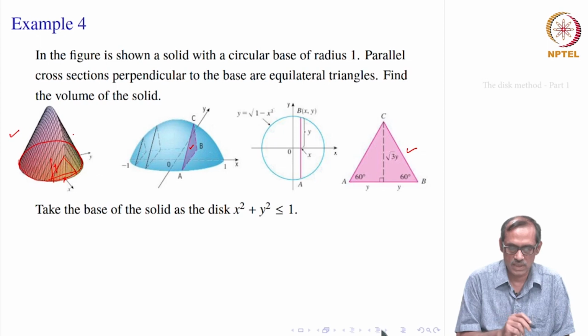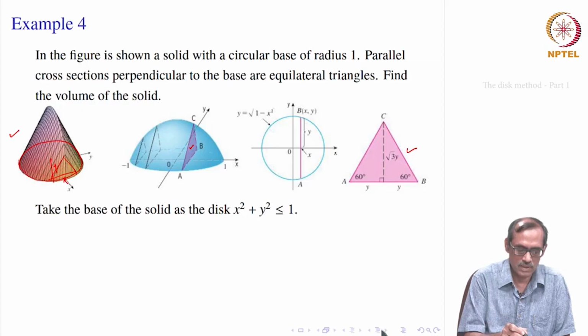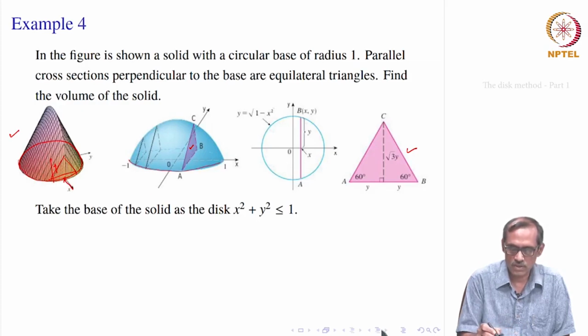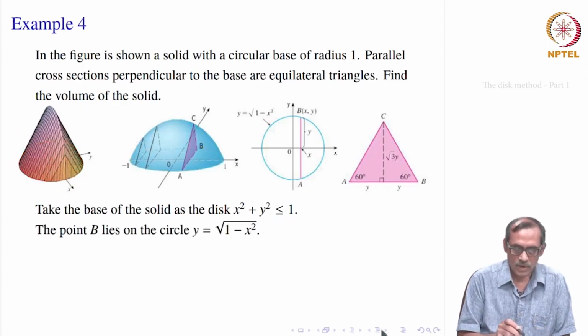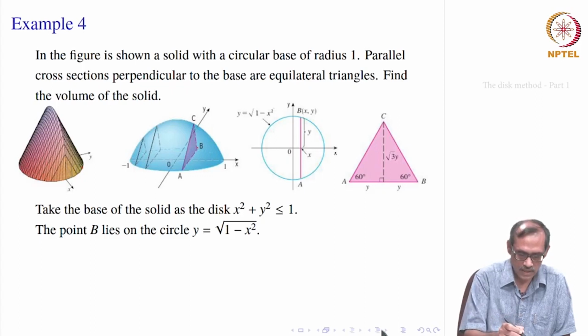First thing is we have to see it as a solid of revolution, and then of course, we can apply. So, now take the base of the solid as the disc, x square plus y square less than or equal to 1. Since this is the x axis we have chosen, the base is a disc. The point B is the point where the cross sectional area comes here.